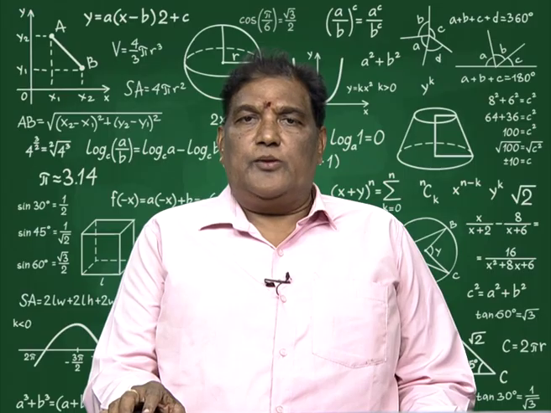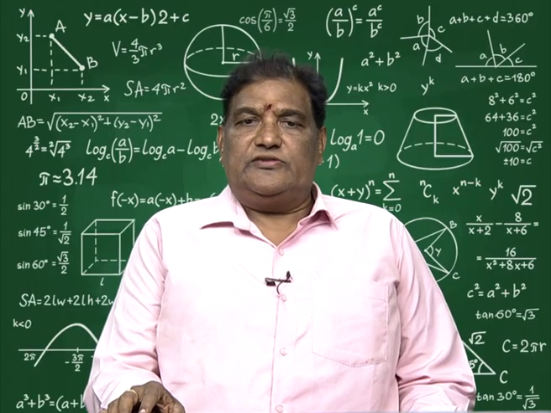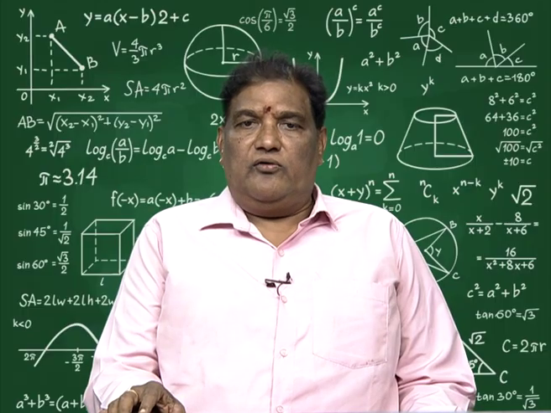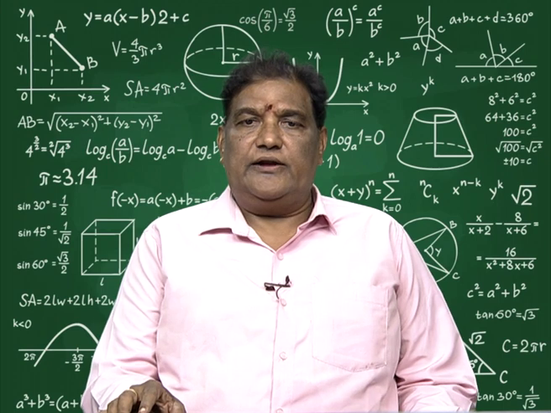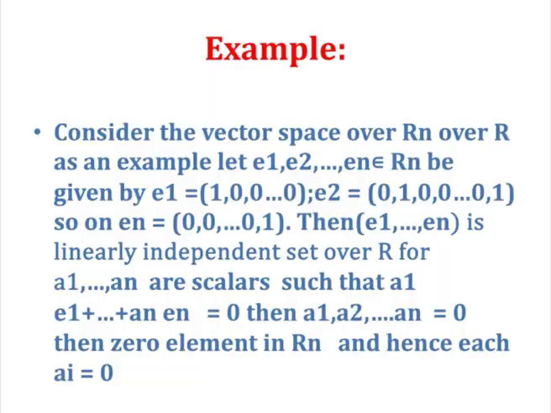Then E1, E2, etcetera E n is a linearly independent set over R, for if a1, a2, etcetera a n are scalars such that a1 E1 plus a2 E2 etcetera a n E n equals 0, then a1, a2, etcetera a n equals the zero element in R n, and hence each a i equals 0.